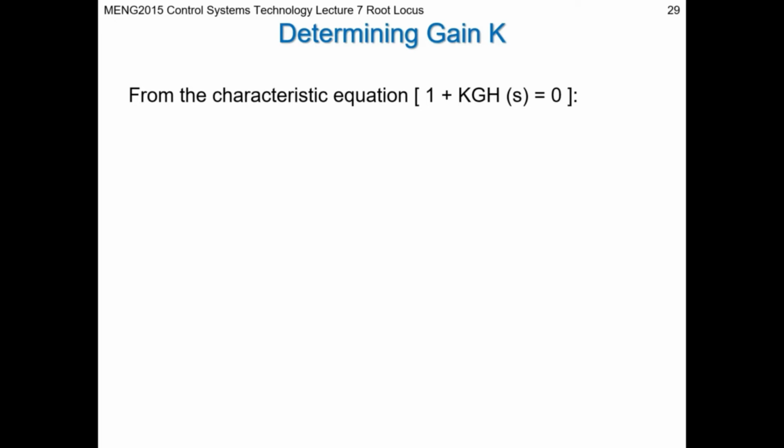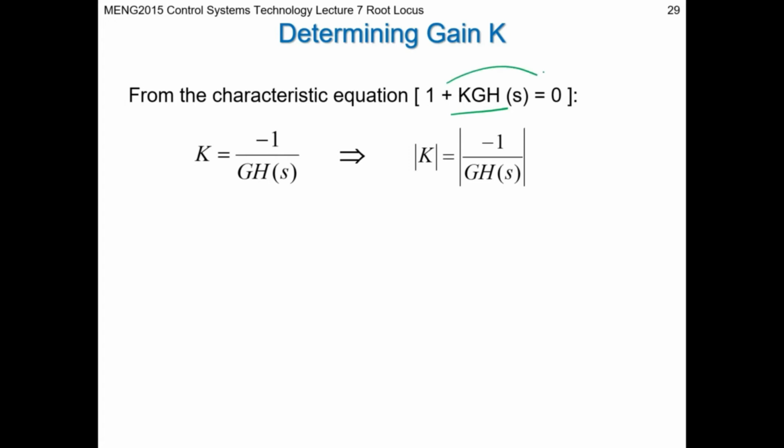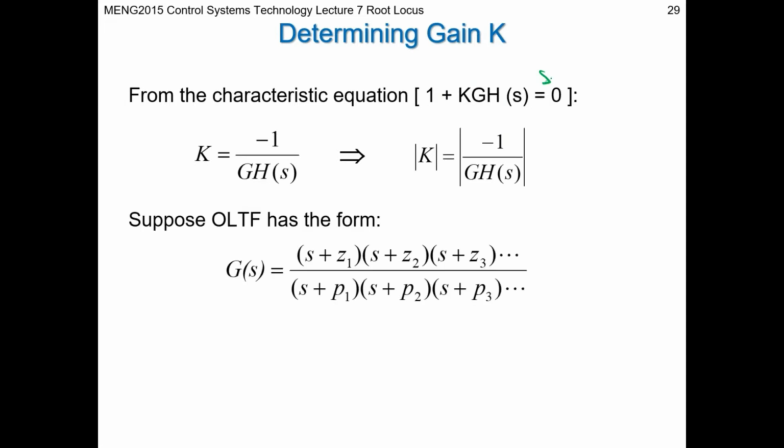For this, we start from our characteristic equation, 1 plus kgh equals 0. So we can get an expression for k, and the magnitude of k is taken by taking the modulus of that expression. We just rearrange this: take the 1 across to this side, make it minus 1 divided by gh, and then take the modulus of that.